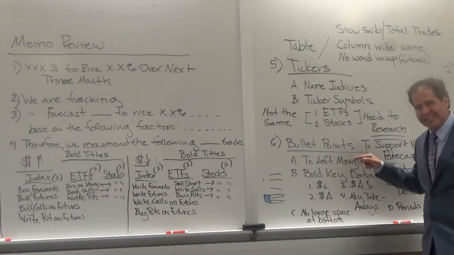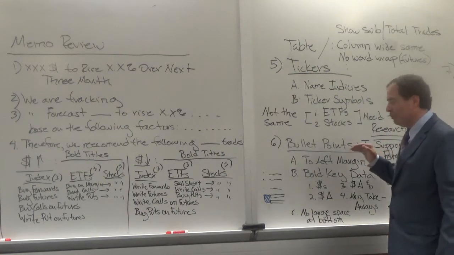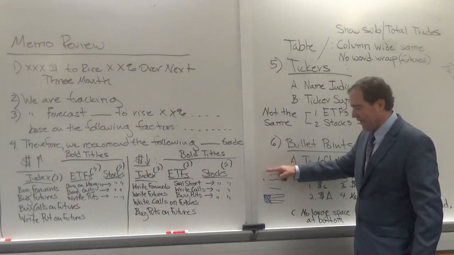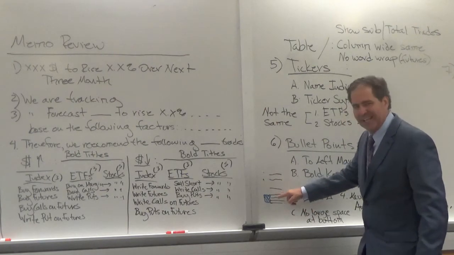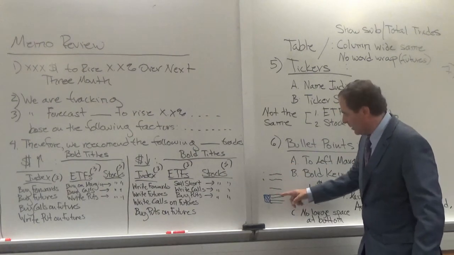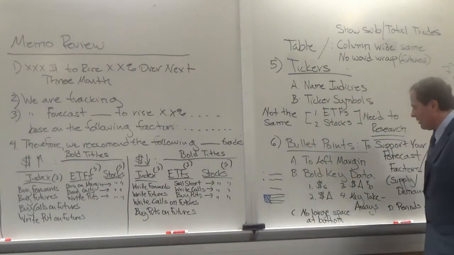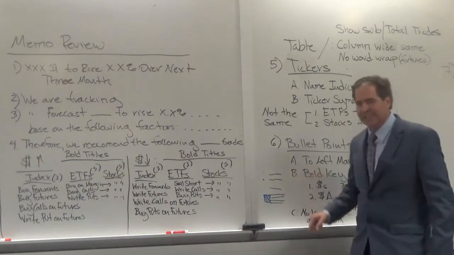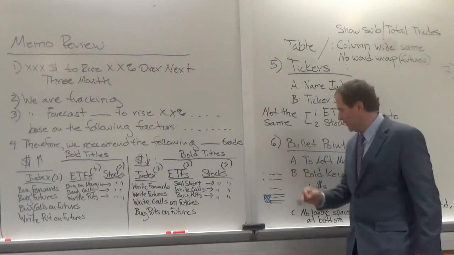The bullet points underneath the table, make sure that the bullet points are on the left-hand margin, and make sure that your last paragraph is not formatted to the margins of the bullet text, but goes all the way out to the margin, okay? And then you want to bold in the bullets the key data points, the key takeaways.